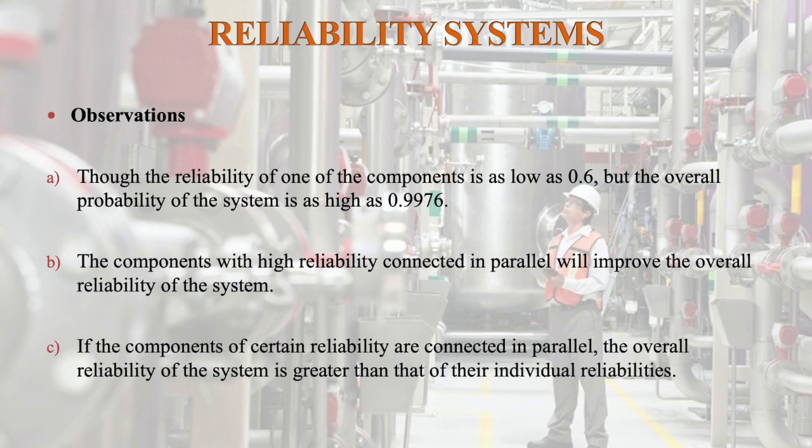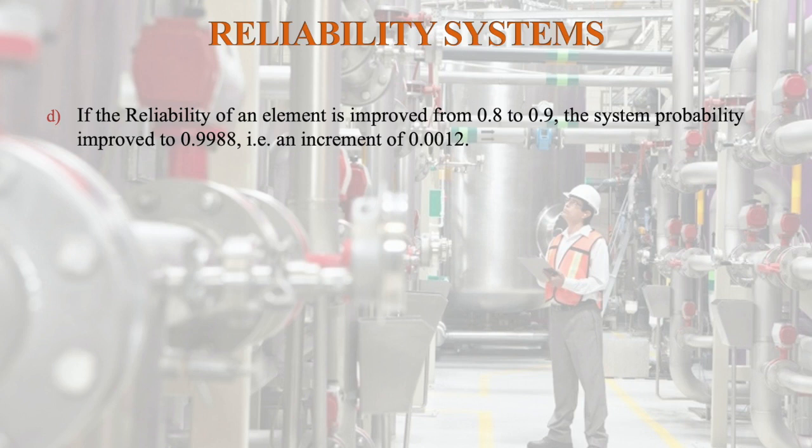If the components of certain reliabilities are connected in parallel, the overall reliability of the system is greater than that of the individual reliabilities. If the reliability of an element is improved from 0.8 to 0.9, the system reliability is improved to 0.9988, that is an increment of 0.0012.